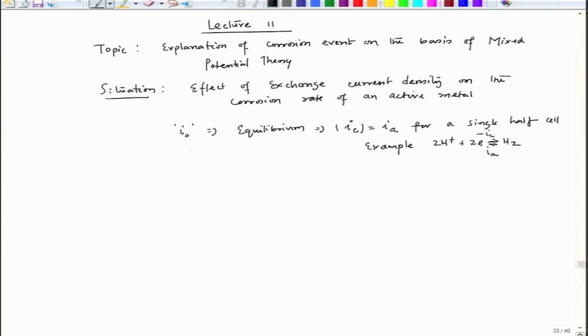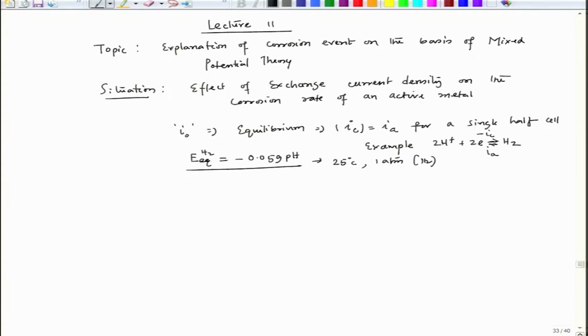And then we have E equilibrium of hydrogen, which is nothing but minus 0.059 pH, and here we consider 25 degrees Celsius and 1 atmosphere pressure for hydrogen gas. So, this is when hydrogen gas is at 1 atmosphere pressure.